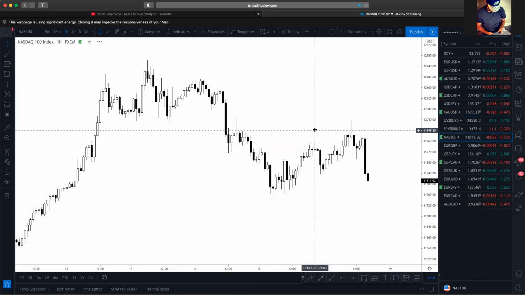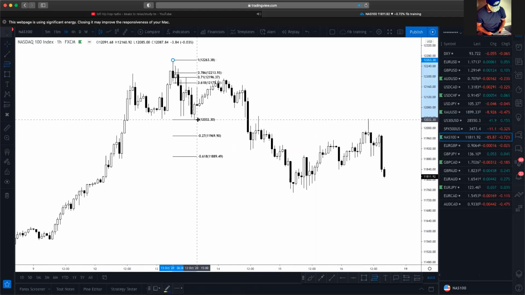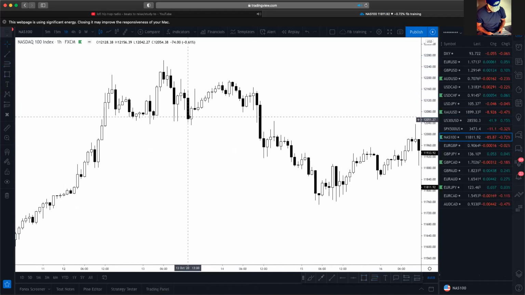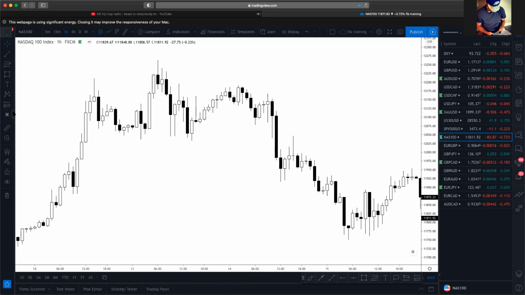Let's keep going. NASDAQ, this was called on last week as well. This impulse down. Now this isn't the biggest impulse, so this is more of a pattern trading fib, because if you look at the pattern right here, we had a head and shoulders.